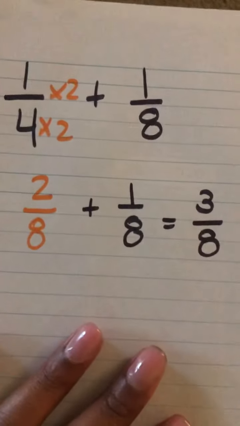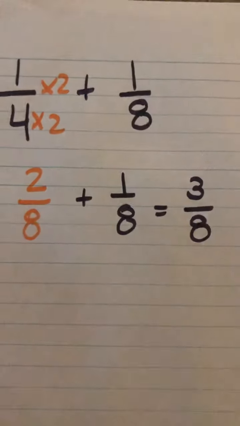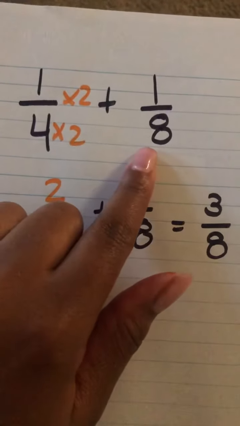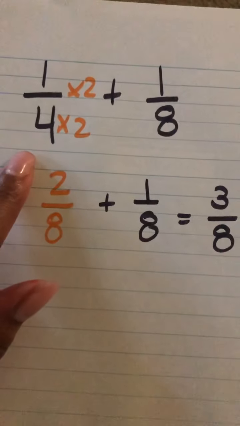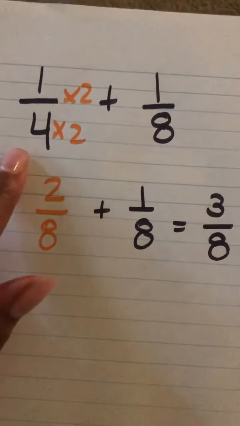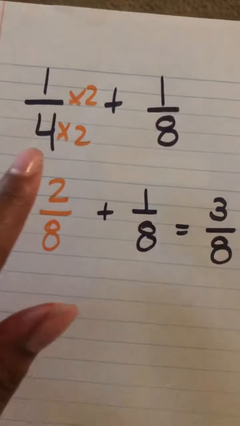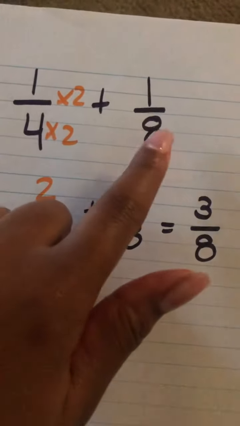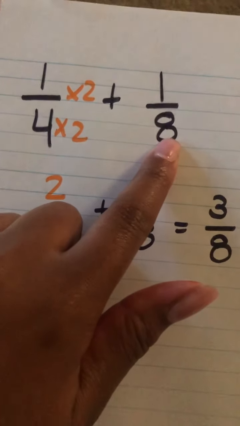Now, if you're looking for a shorter way to do this, or just a strictly mathematical way, you could do 1/4 plus 1/8. Now we know that when we add fractions, the denominators have to be the same. So first I look to see if the smaller number can evenly go into the largest denominator.